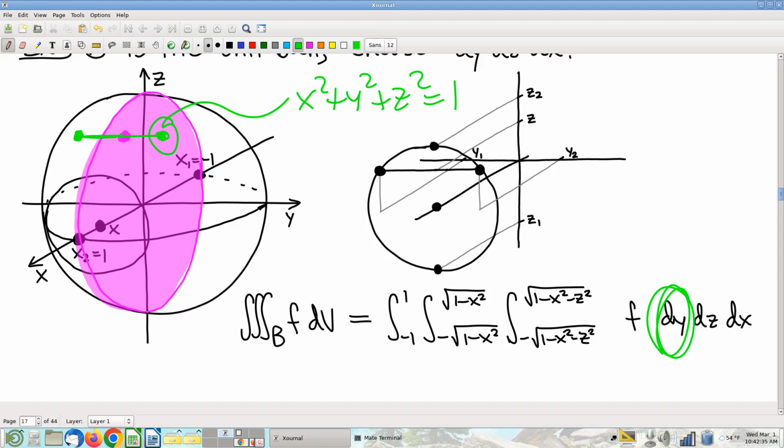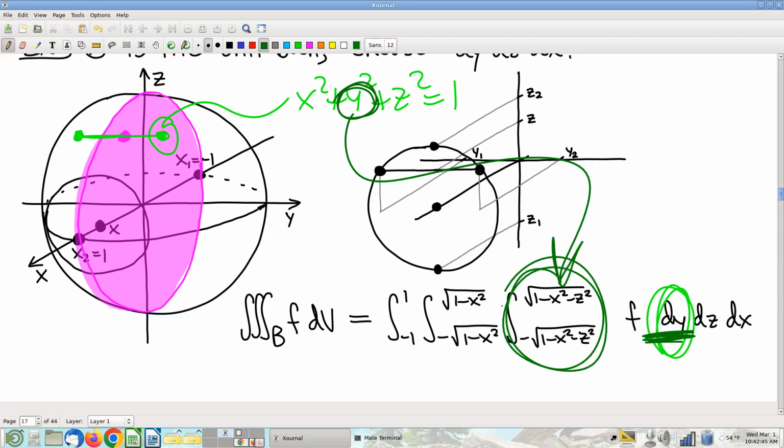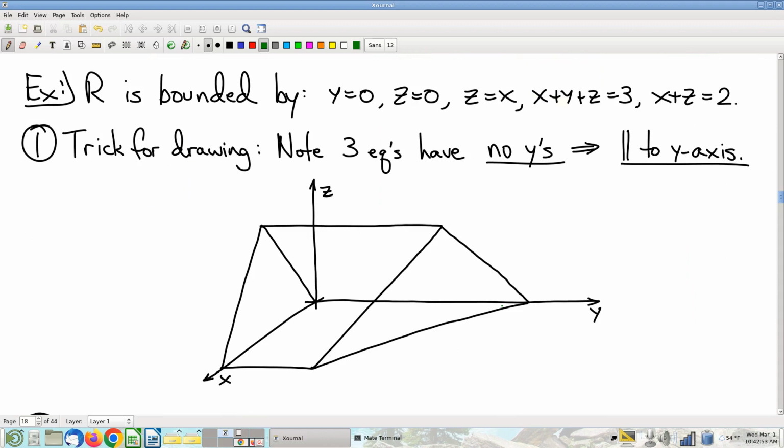What am I solving for? I'm interested in finding a y bound, and so I'm going to solve for y in this equation, and I get these two answers right here. Is everybody with me? Okay. So much easier to make a projection argument. Here's a tough one.